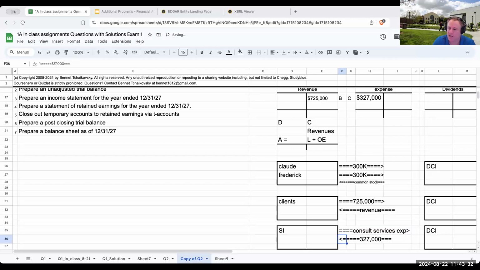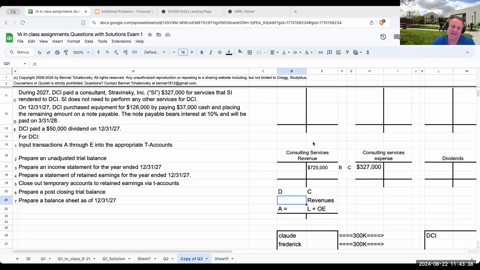They're providing us consulting services. We're giving cash. And so when it comes to recording expenses, we're going to be doing that with a debit. We're not going to be doing it with a credit. We're going to be doing that with a debit.